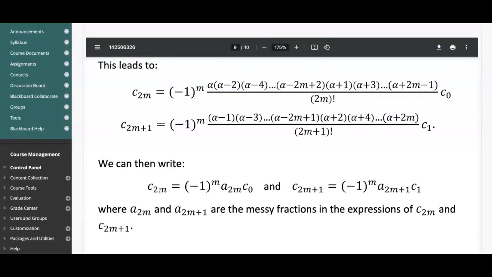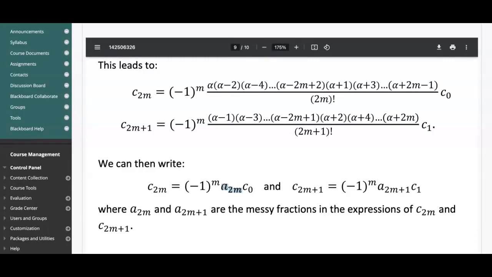So then we can write this way. We can write C_2m equals (-1)^m a_2m times C naught. And then this one, we can write like C1. So the odd terms, you can write in this way.